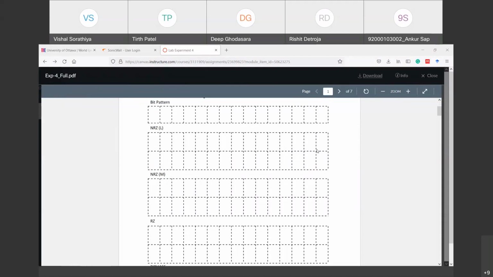As we had discussed in the lecture, at the physical layer, can anybody tell me what is the task of the physical layer? What will the physical layer do? We have already discussed it in the last lecture. Your response is required.